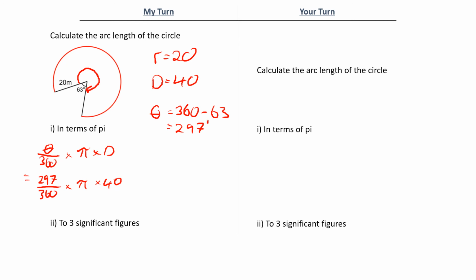You should get 33 pi, and to 3 significant figures, approximately equal to 104 to 3SF.